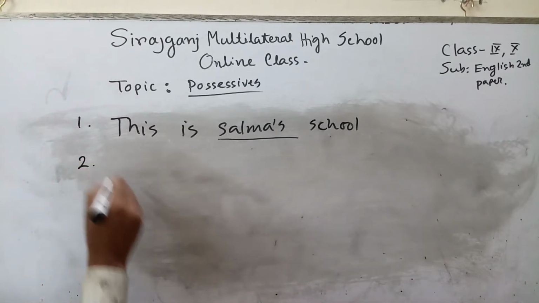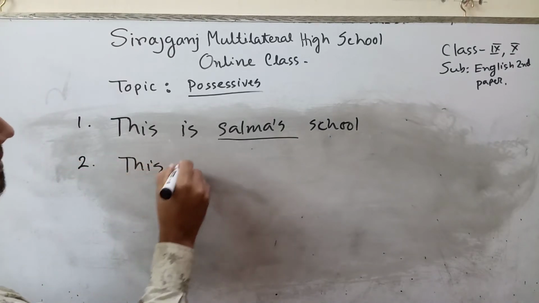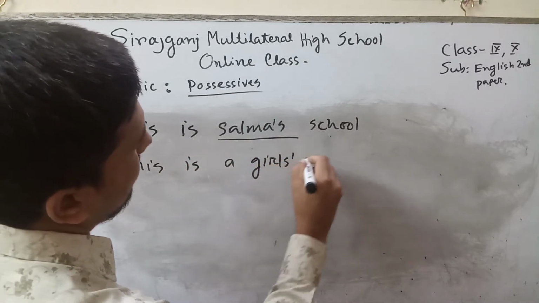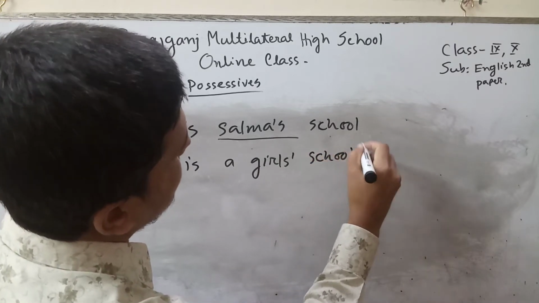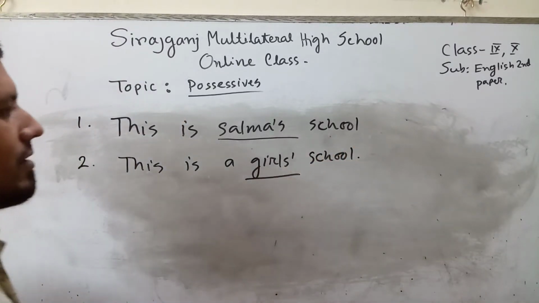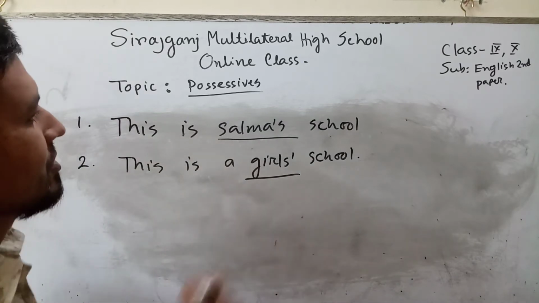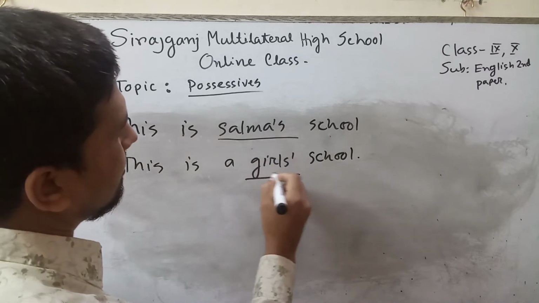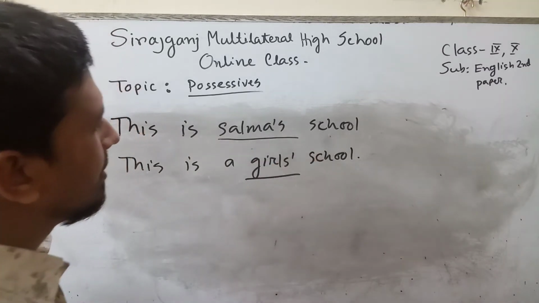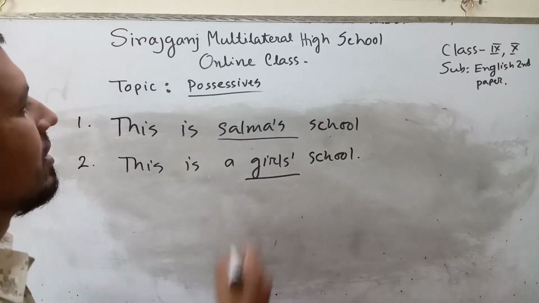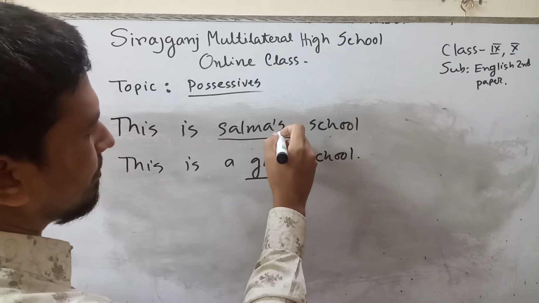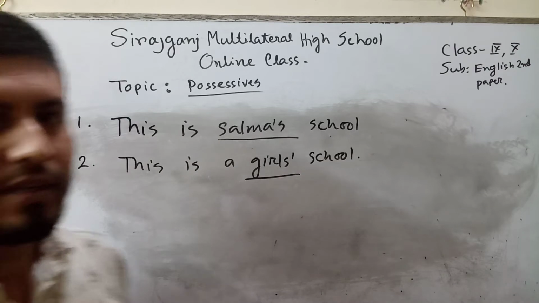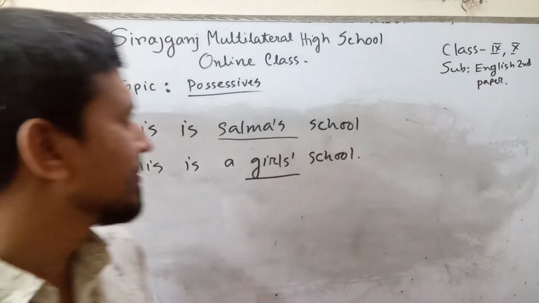And number 2, this is a girls' school. You see, there is a difference between Salma's and girls'. Here, girls takes s and then an apostrophe is used. Salma takes apostrophe s. So, in this way, we can make a possessive case or possessive noun.